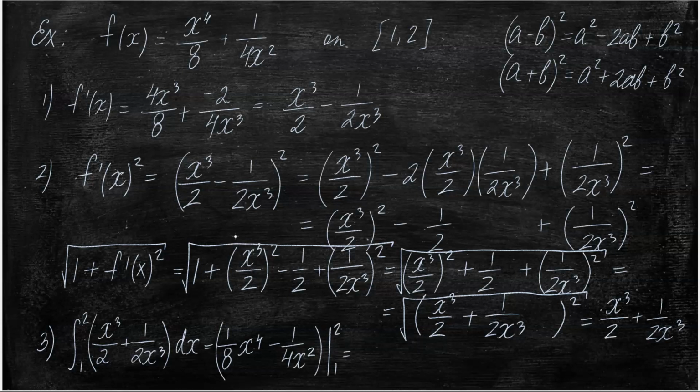When we plug in 2, we end up with 2 minus 1/16, and when we plug in 1, we end up with 1/8 minus 1/4. So let's do common denominator 16. We have 32 minus 1 minus 2 plus 4 over 16. So it is 33 over 16.